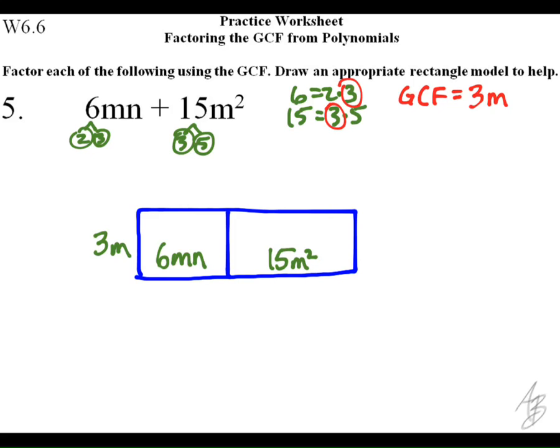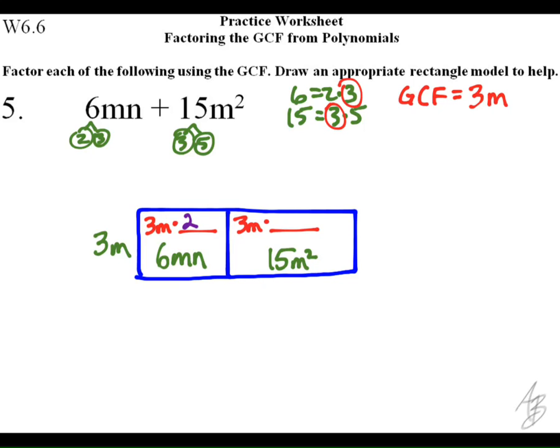Alright, so now we're going to take the GCF here and we're going to multiply it by something to get each of those areas. So we're going to have 3m times something here and 3m times something here. What do we multiply by 3m? Well, what do we multiply by 3 to get 6? 2. Alright, and what do we multiply by m to get mn? I've already got the m, so what do I need in here?